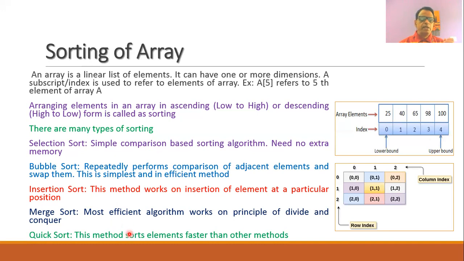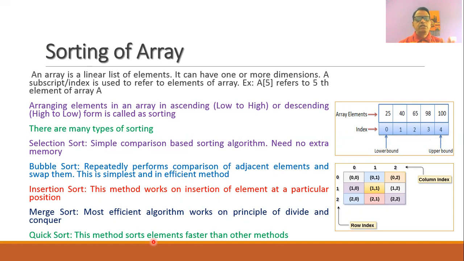As its name indicates, this is a faster method than the other methods. If you want to arrange the elements of the array quickly, then this method is used. Apart from these, there are still some other methods available, such as the radix sort method and the bucket sort method. So many methods for sorting have been proposed.